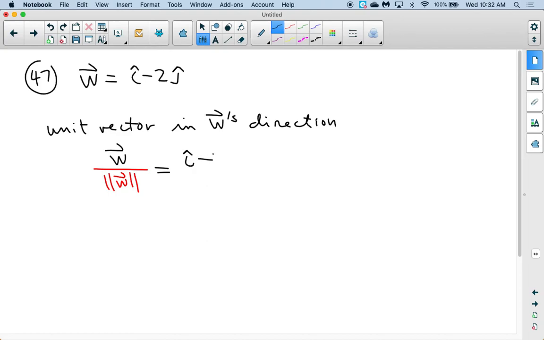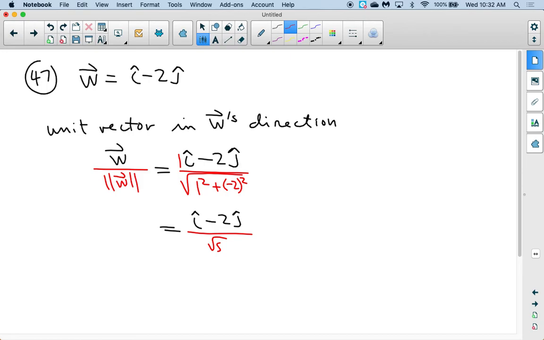So I minus 2J divided by, can you see how to find the magnitude of this guy? It'd be the square root of 1 squared, that's the coefficient on the I part, plus negative 2 squared. So this would be I minus 2J divided by radical 5.